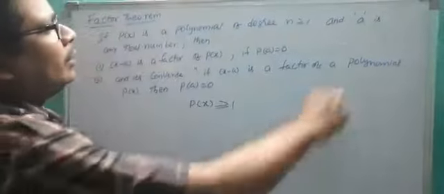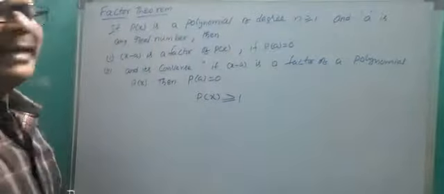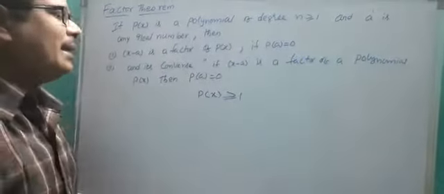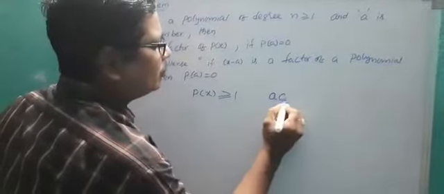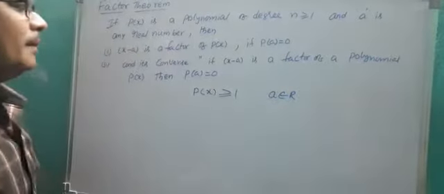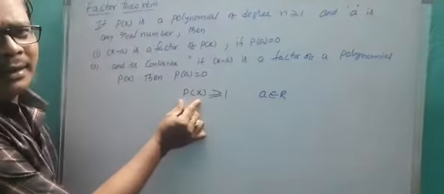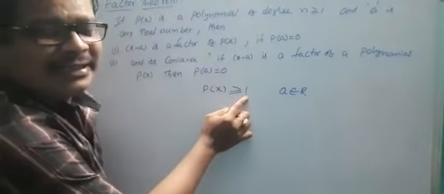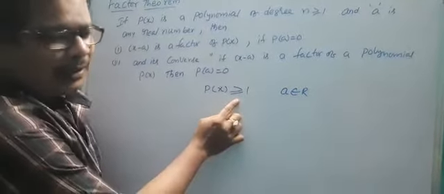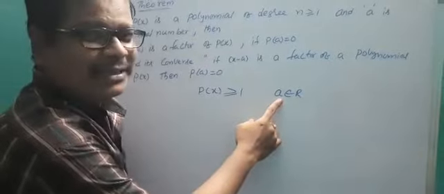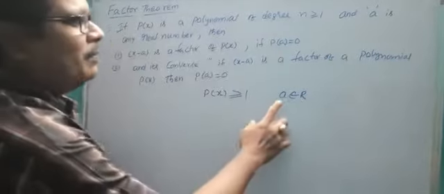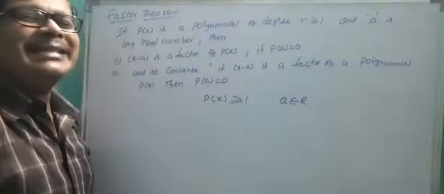And a is any real number. That means a belongs to R. So p of x is a polynomial with degree greater than or equal to 1, and a is one number that belongs to R. R means real numbers.